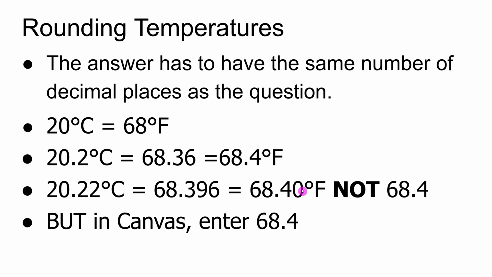It doesn't preserve that. When you enter it in Canvas with the final 0, Canvas won't accept it. Don't worry about it. It won't get marked wrong. I've put that in the instructions. So the answer needs to have the same number of decimal places unless the final decimal place is 0, in which case don't worry about it.